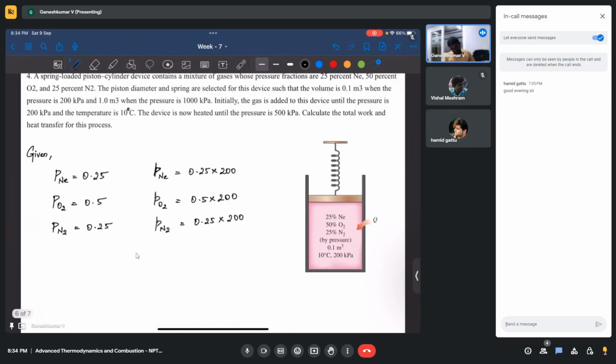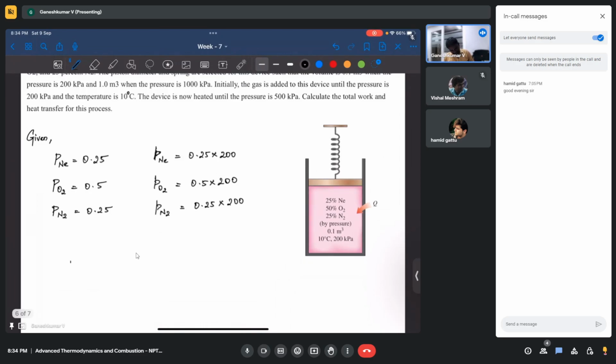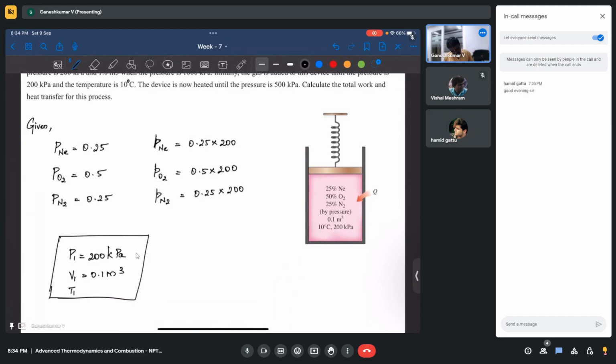So what they are telling is we are heating the mixture, right? The mixture is initially at P1 equal to 200 kilopascals and V1 equal to 0.1 meter cube. The temperature T1 is also 10 degrees Celsius and we are heating it, which means you are adding Q, and then P2 is 500 kilopascals, they are telling.